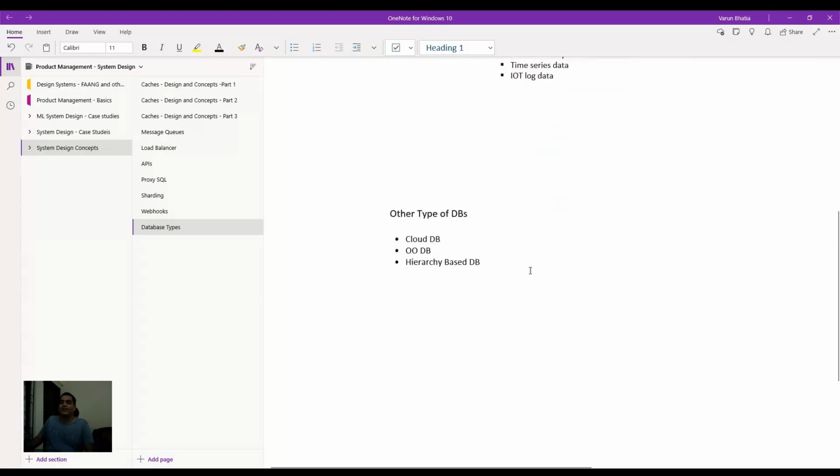Some of the other types of databases that you can read about: cloud databases, which we just touched upon, AWS, GCP, Azure. Object-oriented databases are not used much. I haven't come across them. But hierarchy-based databases, if you're looking to store data across different hierarchies, and each hierarchy has some relationship, then you can consider looking at hierarchy-based databases.